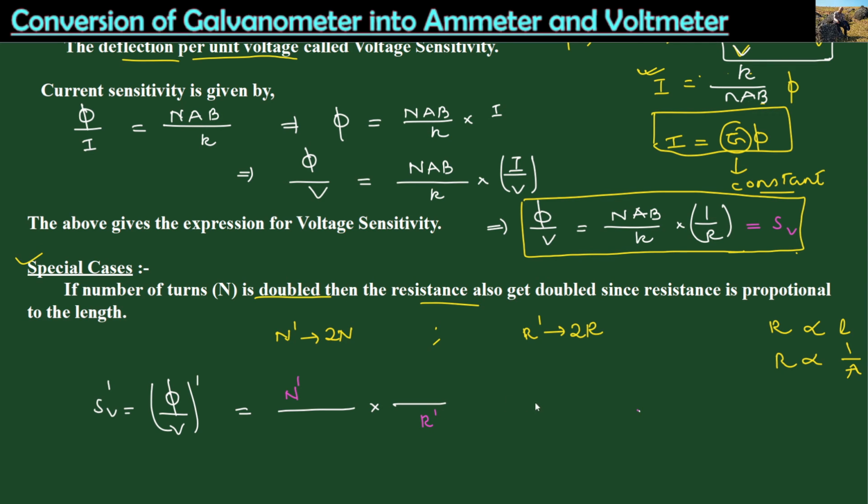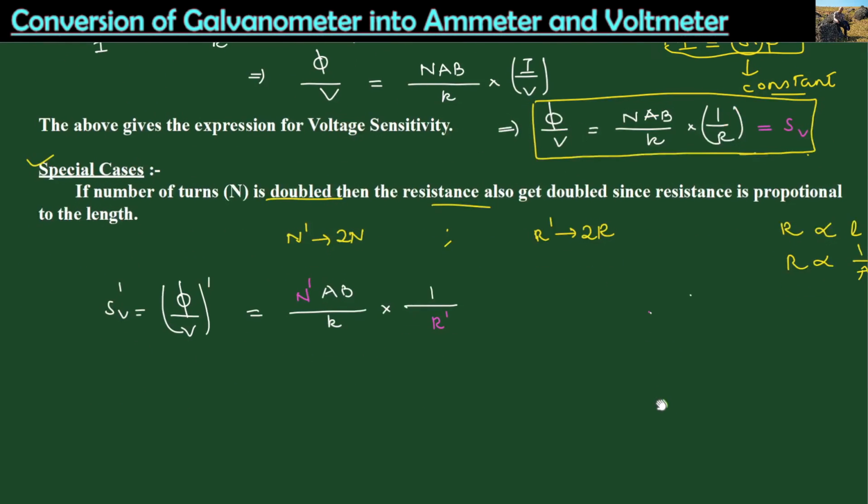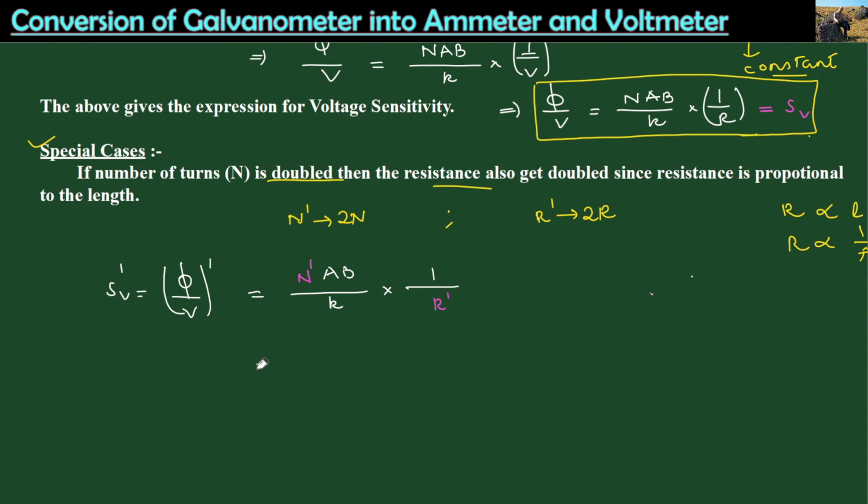All the other parameters remain the same: we have the area, the magnetic field, the torsional constant K, and the value of I. So when you look at that equation, N dash will be twice N.